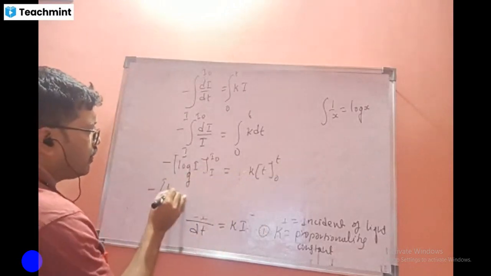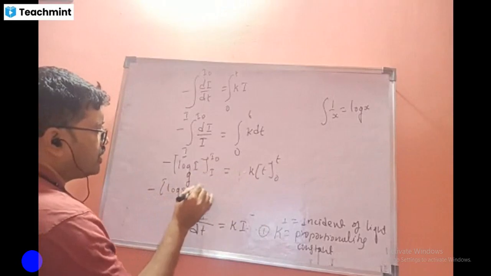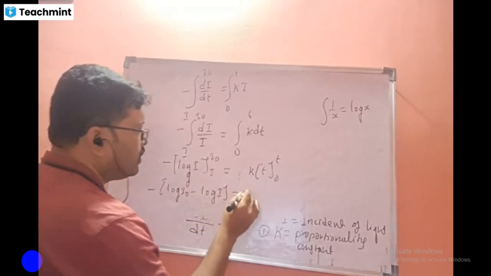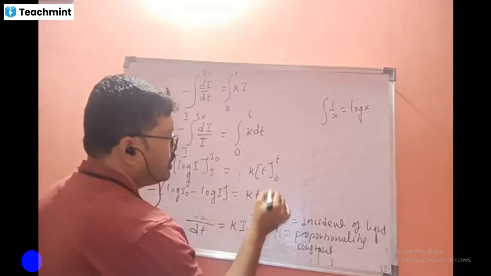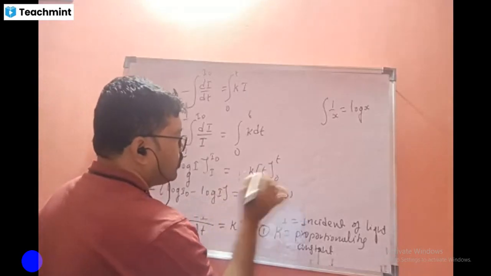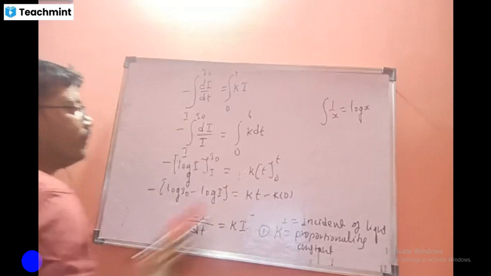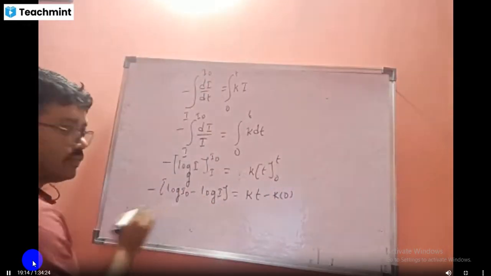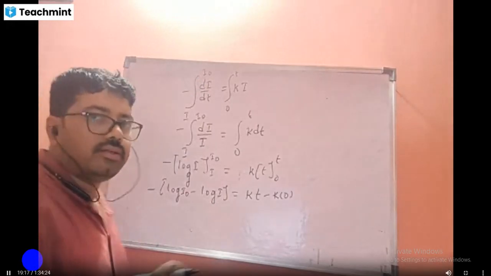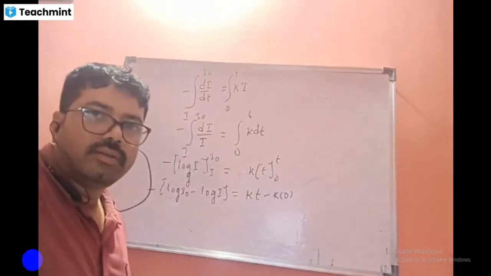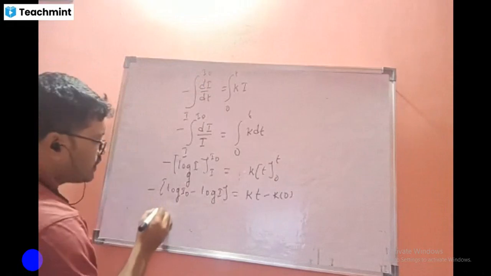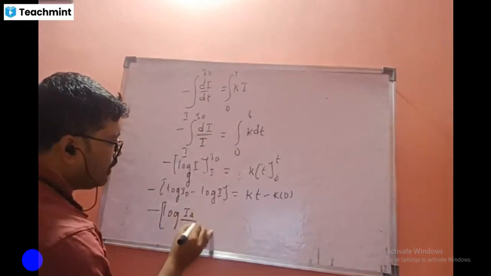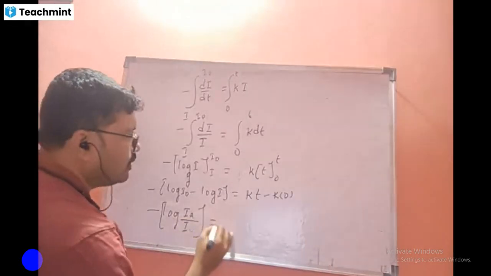So minus log, upper limit minus lower limit is equal to upper limit Kt minus K into 0, the lower limit. This is the mathematical transformation.